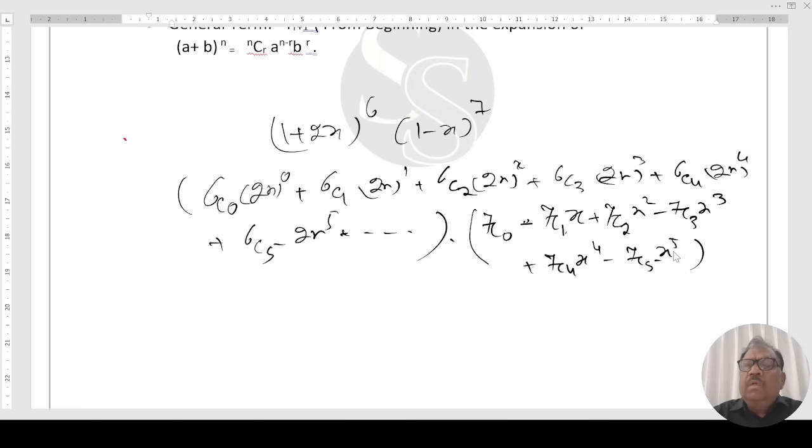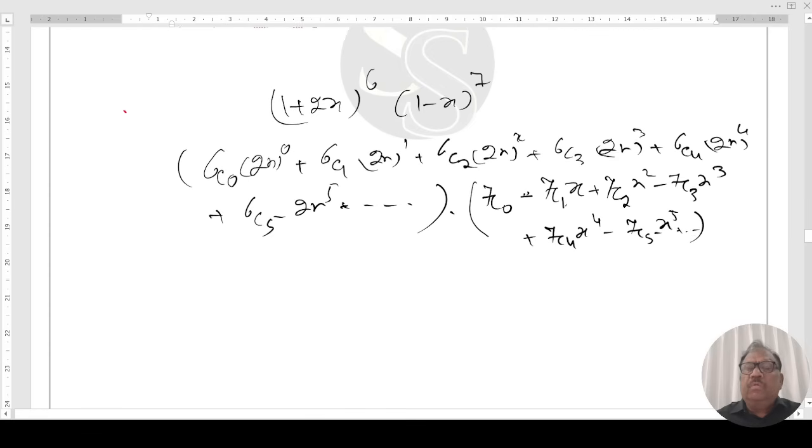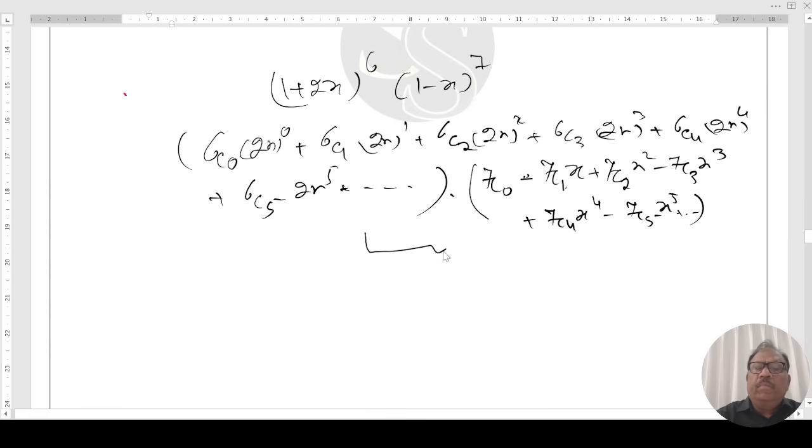It goes up to x^5 here, though terms up to 7 will come. Our requirement is to find the coefficient of x^5 in this expansion.